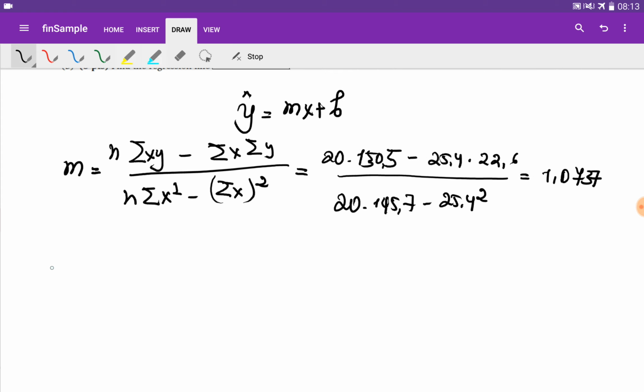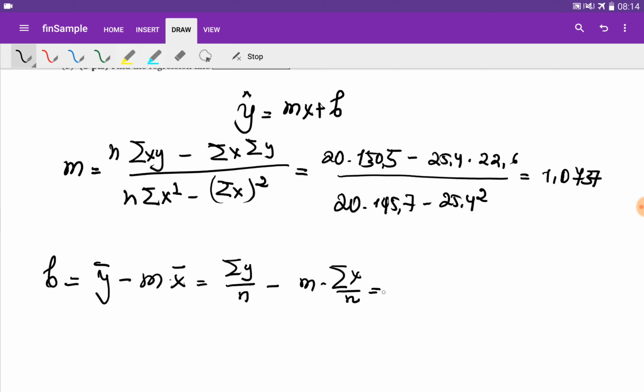1.0737. And we can find b by using the formula y bar, the average of the y, minus m multiplied by x bar. So y bar is going to be the sum of y divided by n, minus m multiplied by the sum of x divided by n. So let's put them together. The sum of y is 22.6 divided by 20, minus 1.0737 multiplied by the sum of x, which is 25.4 divided by 20.